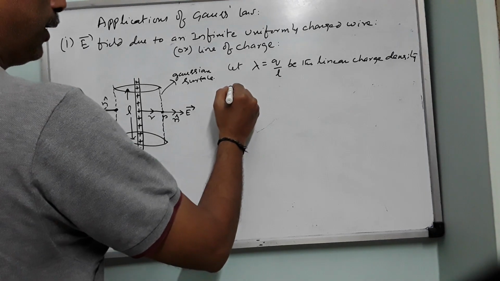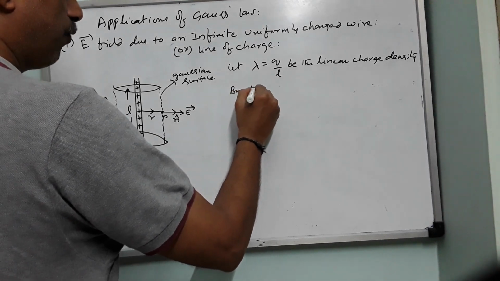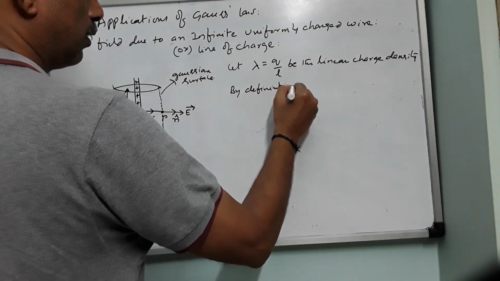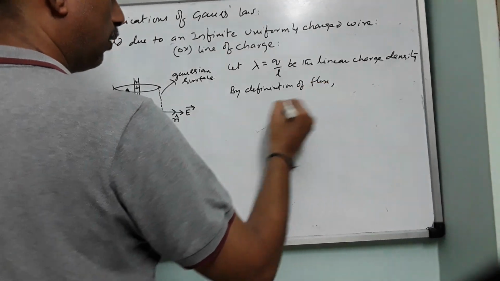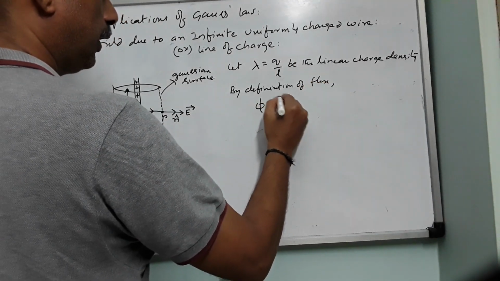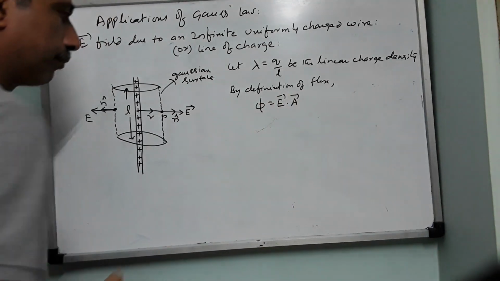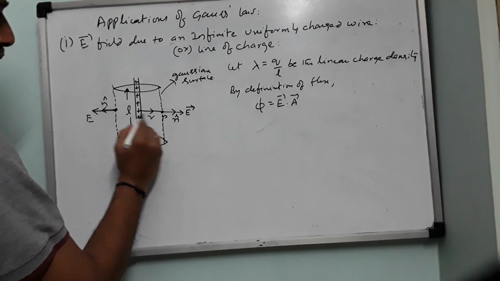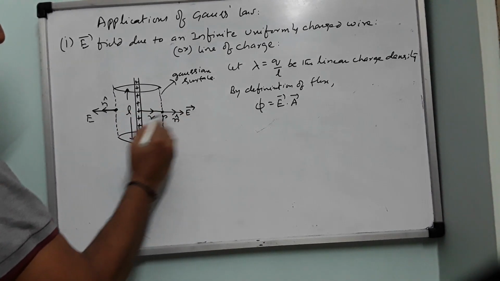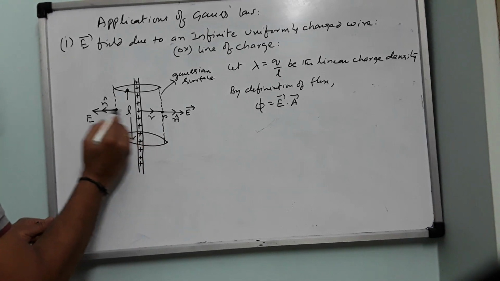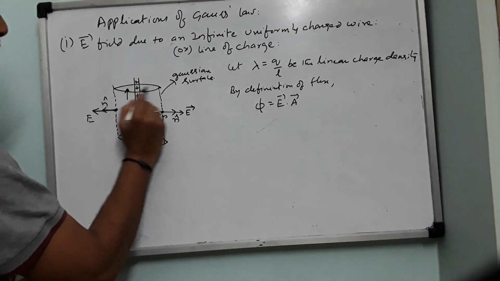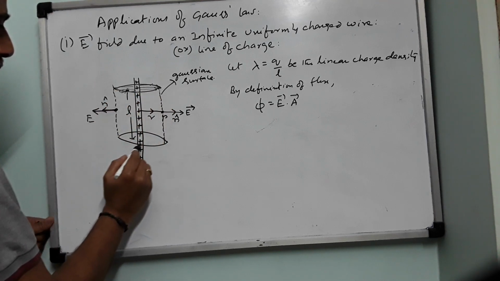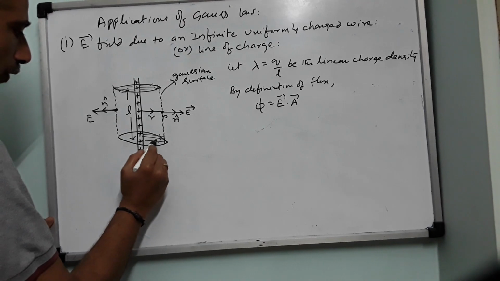Then by applying Gauss law, by definition of flux, we have phi equals E dot A. Now if you draw electric field lines like this, it will be like this. In this direction they will be like this. And if you see on the caps, it will be like this. Here also it will be like this. The flux lines.